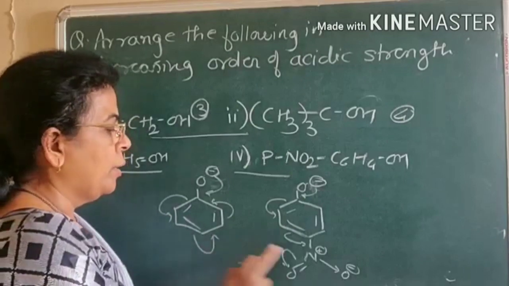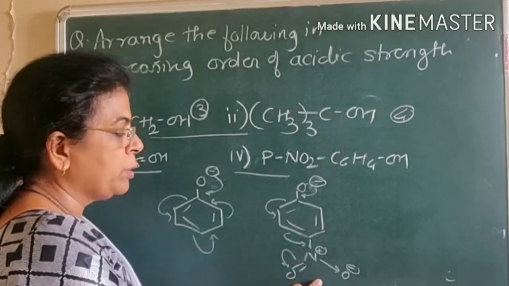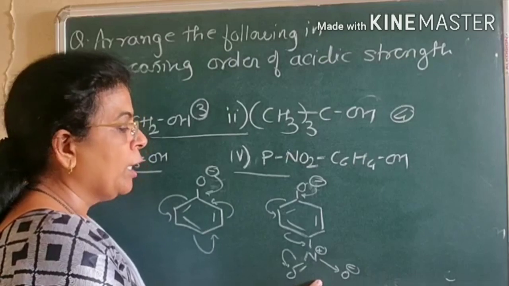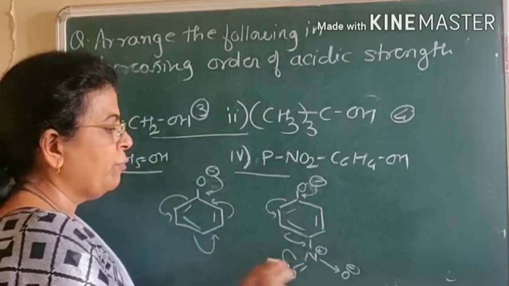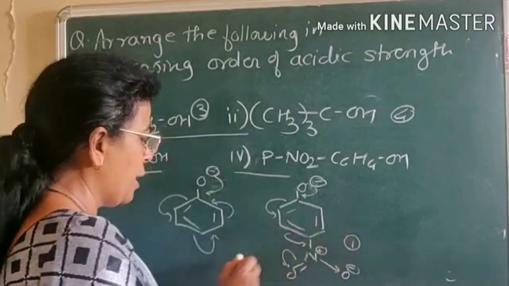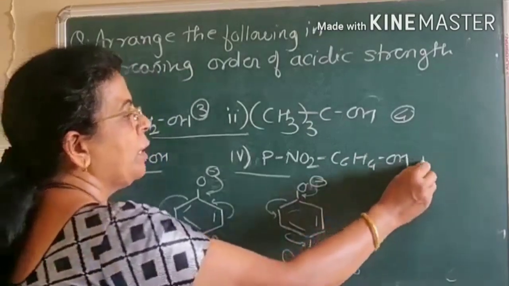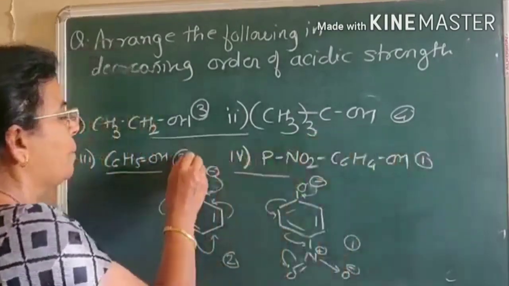And therefore, the acidic strength of this para-nitrophenol is higher than that of this simple phenol. Therefore, we give number 1 and this 2. That is, this is number 1 and this is number 2.